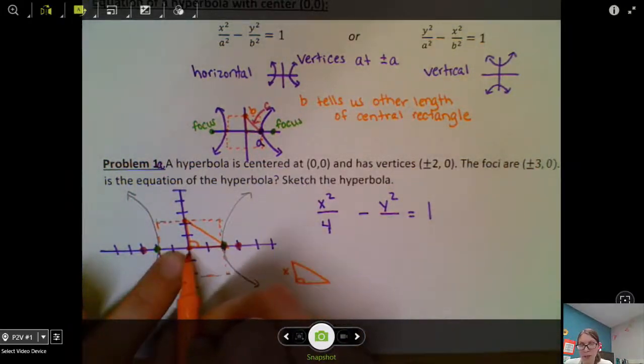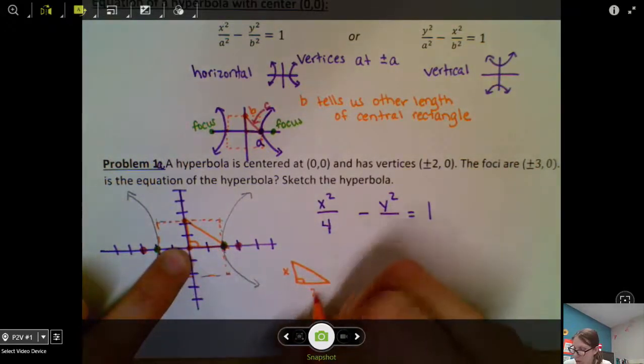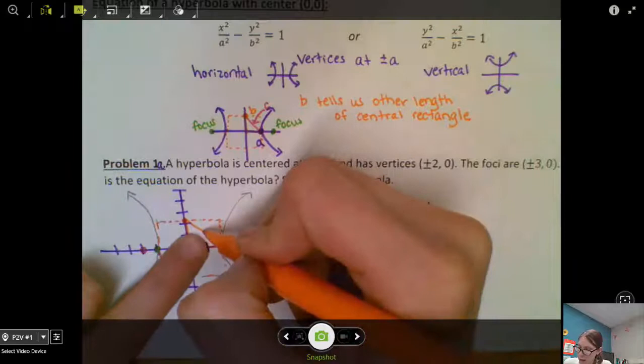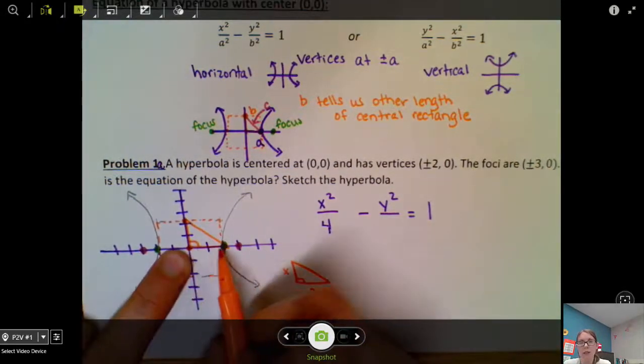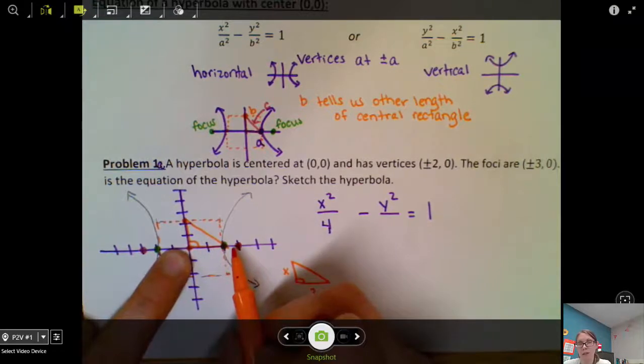But I do know that this length from my origin out to my vertex is 2. And this hypotenuse, just like with ellipses, is the origin to the farthest point. Okay? Origin to the farthest point here is to our focus, and that distance is 3.